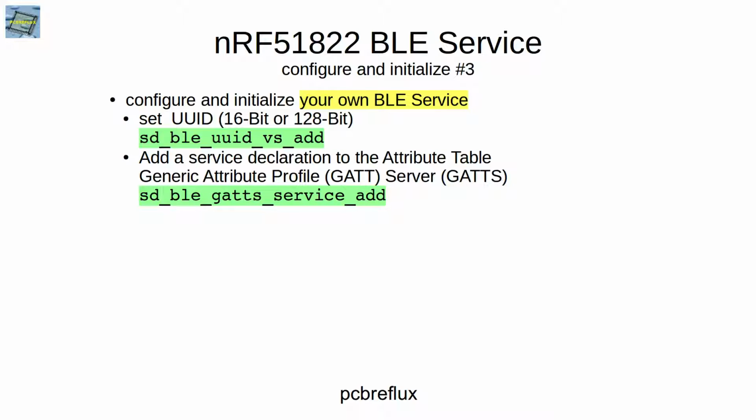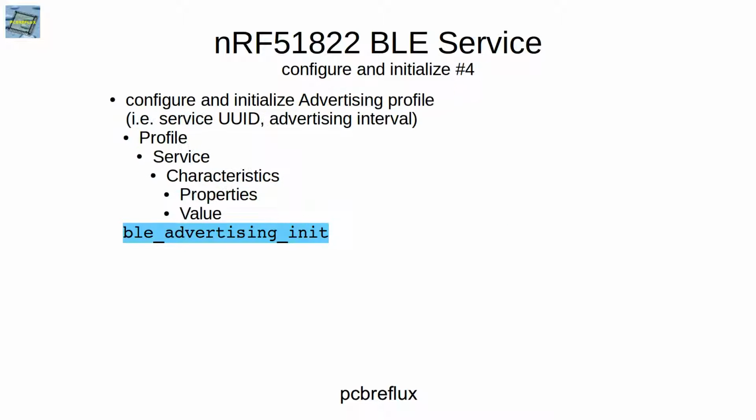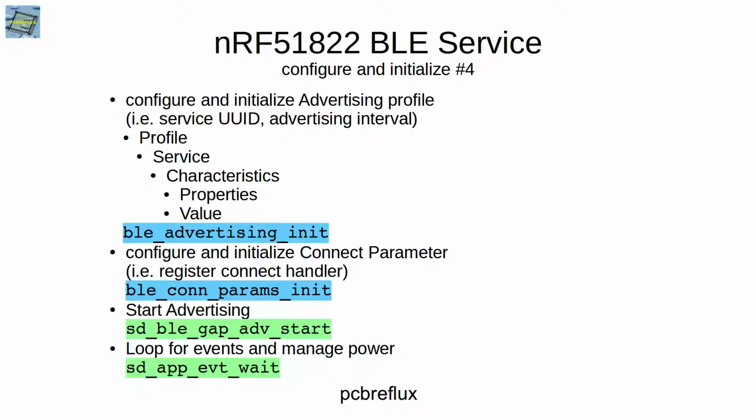Then we add the service declaration to the attribute table of our generic attribute profile server and add one or more characteristics to the attribute table. The next steps are to configure and initialize the advertising profile, configure and initialize the connection parameters, start the advertising, and do an endless loop with the event handling and power management from the soft device.